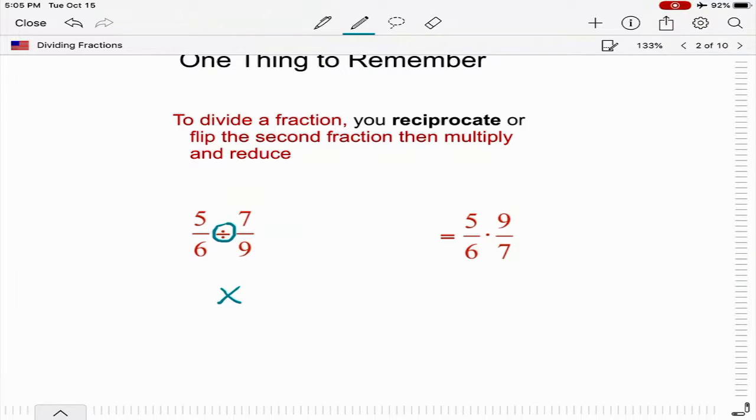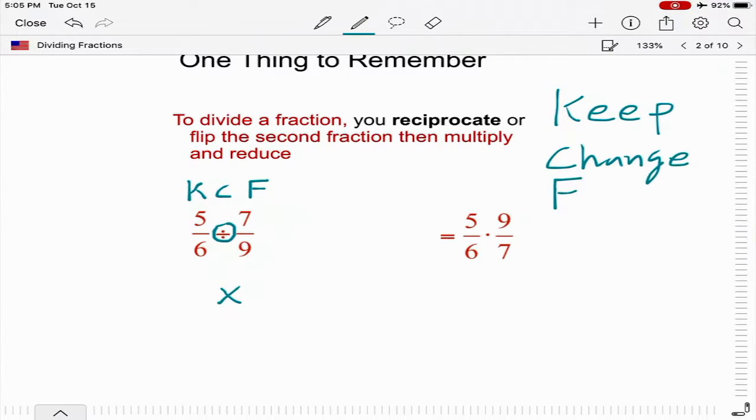And you can do that by using what's called keep, change, and flip. The word flip is also known as the reciprocal, right? And what you do is, when you flip the second fraction, you can technically multiply instead of divide.